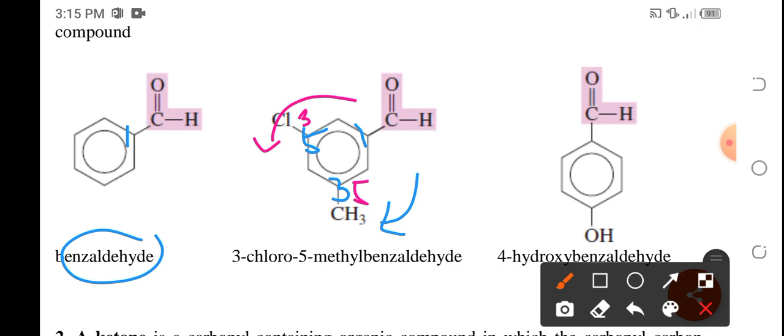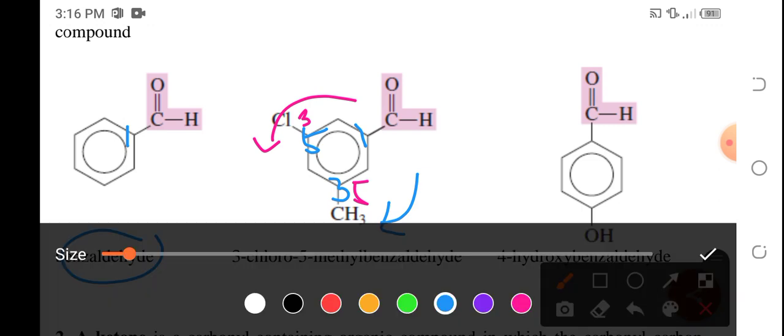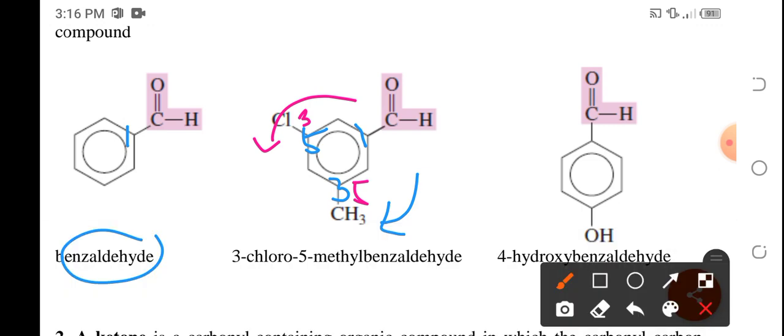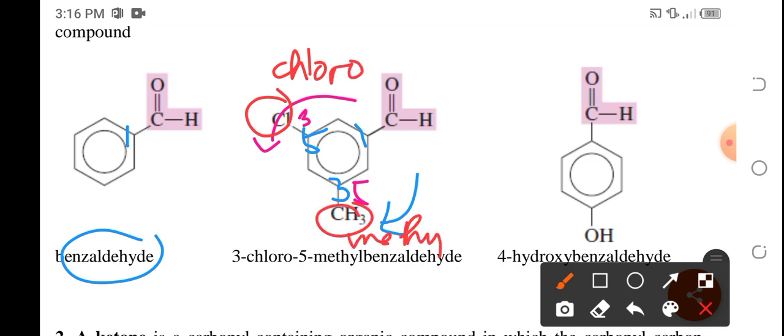So the identity of the substituents attached: this one is chloro, which starts with C, and this one is methyl. By alphabetical listing, chloro should have the lower number as compared to methyl. So we are going to follow the counterclockwise numbering.